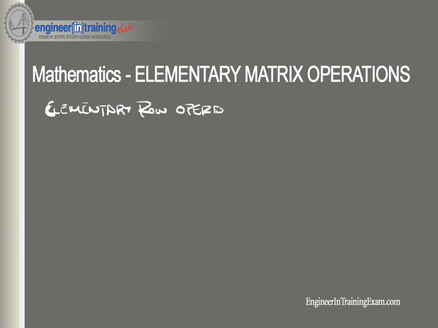So elementary row operations will be our first focus of this video review. Now to perform an elementary row operation on a certain matrix A, say matrix A is an R by C matrix, the following steps are completed. Number 1, we need to find E. E is known as the elementary row operator, and we find E by applying the desired operation to an R by R identity matrix.